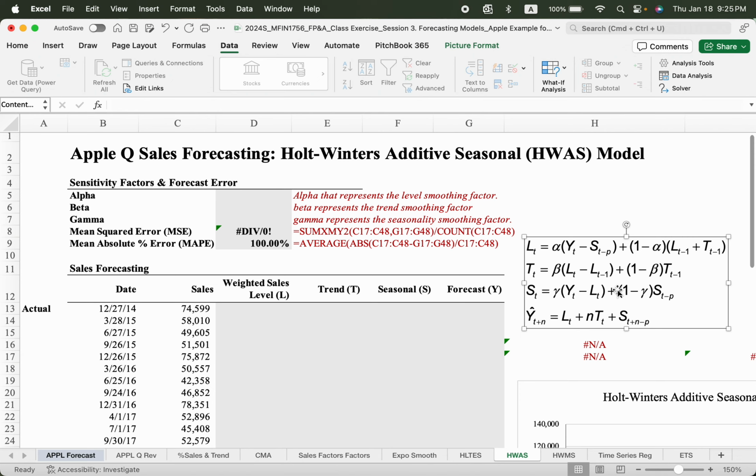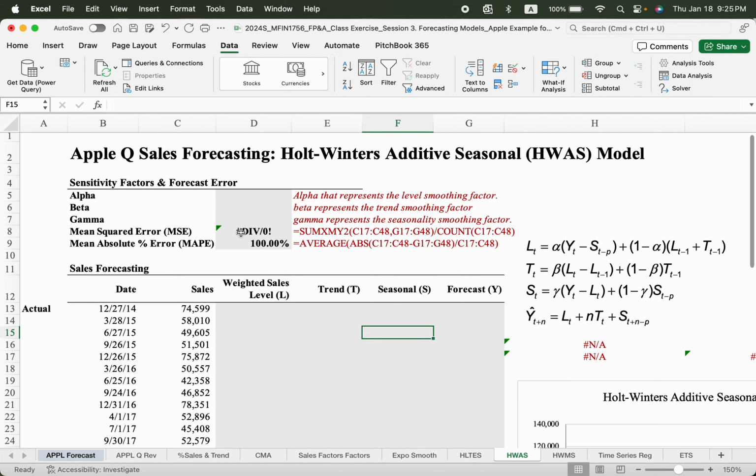And then n is the number of periods ahead. So we'll use this number of periods ahead using the row functions later. Okay, then the same way we'll find alpha, beta, and gamma using the Solver to find the minimal level of the mean absolute percentage error or the mean squared error.